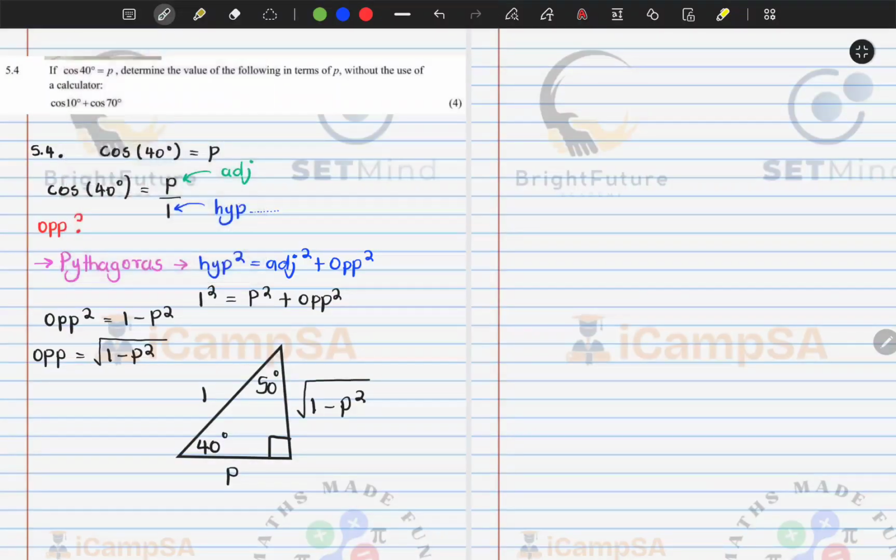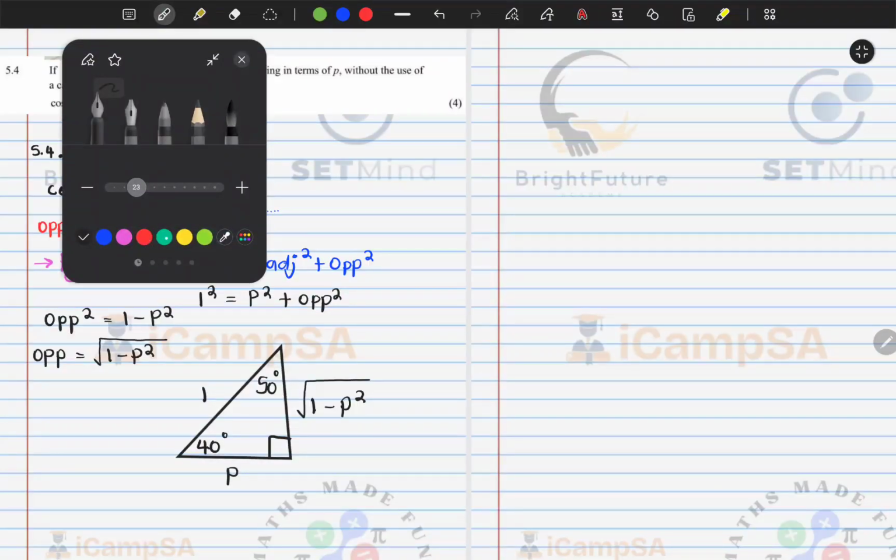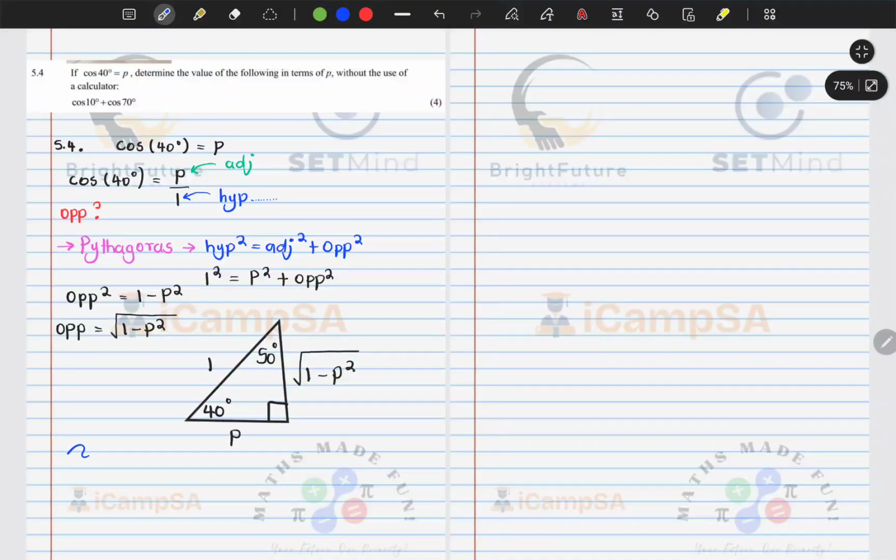So now let's go ahead and cook. We are asked to figure out, without using a calculator, cos of 10 plus cos of 70. Okay, this is very interesting. So we need to figure out what is cos of 10 degrees plus cos of 70 degrees.